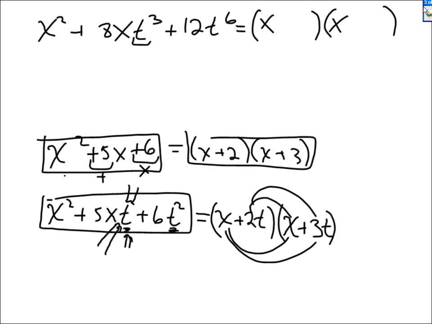That's kind of unusual. I thought it should only have x's. But if in the x term you have, say, t cubed, and you square it, remember you multiply the powers, you get t to the 6th. And that's part of the constant.